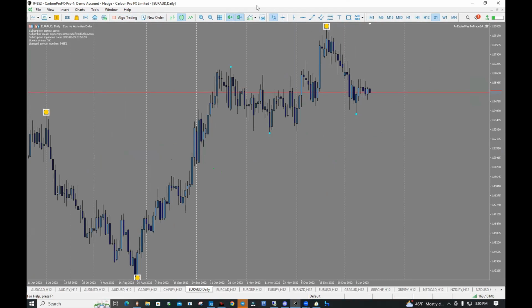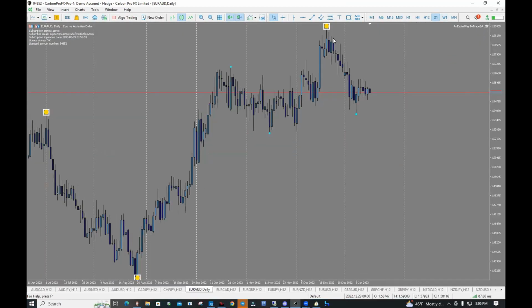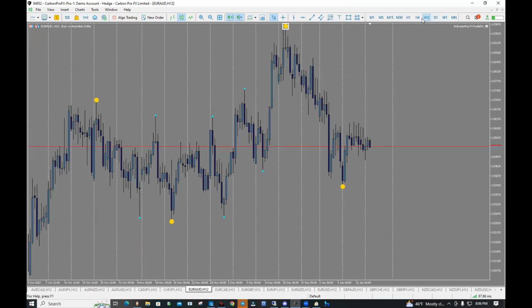In either case, if it's a pullback and it comes a quarter of the way, 50% of the way, that's all we need anyway for our 4-hour trade. So we're sitting good. If you look again on the daily, on EA, and on the 12-hour, we're looking good for that sell. That's what I like to compare with other time frames.